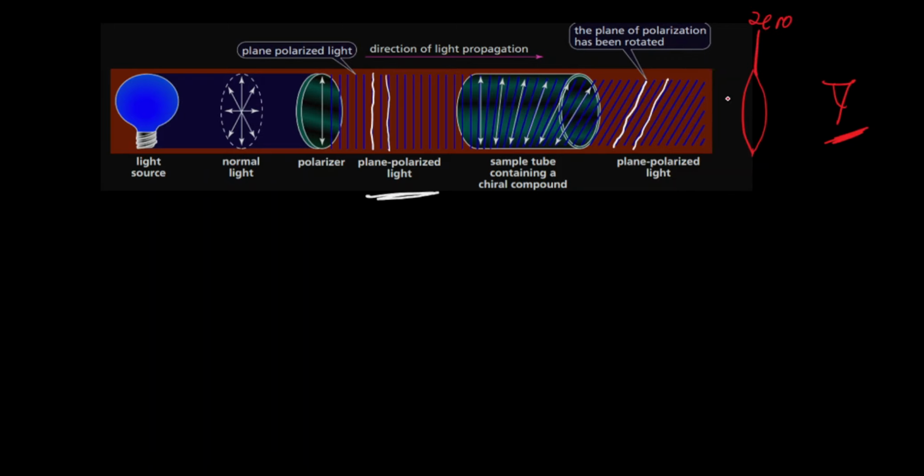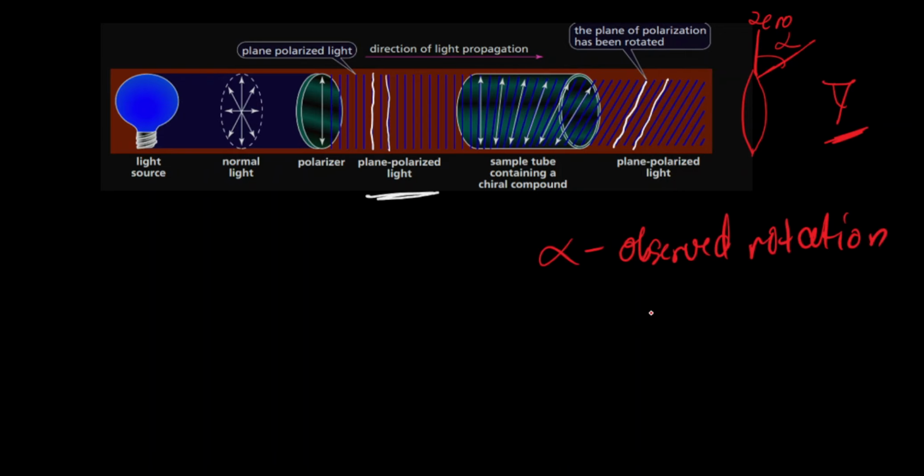Now the observer rotates the analyzer once again until no light passes through, and takes note of the angle on the dials at which there is total darkness. We call that angle alpha. Alpha is the observed rotation of the chiral compound.